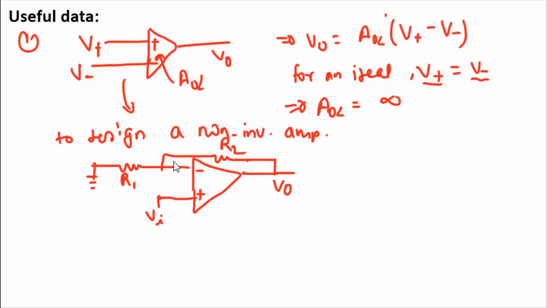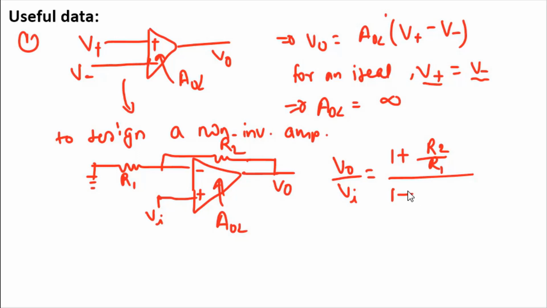This is your ground terminal. So for this amplifier circuit, the op-amp has open loop gain as AOL. The gain of this circuit will be given by V0 over Vi is equal to 1 plus R2 over R1 upon 1 plus 1 over AOL times 1 plus R2 over R1.